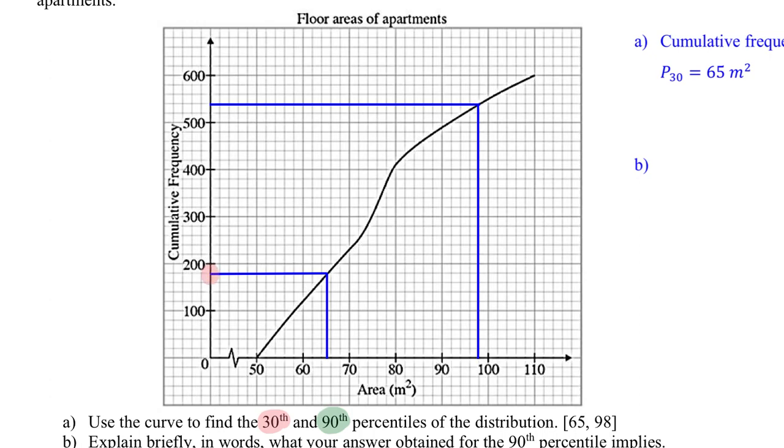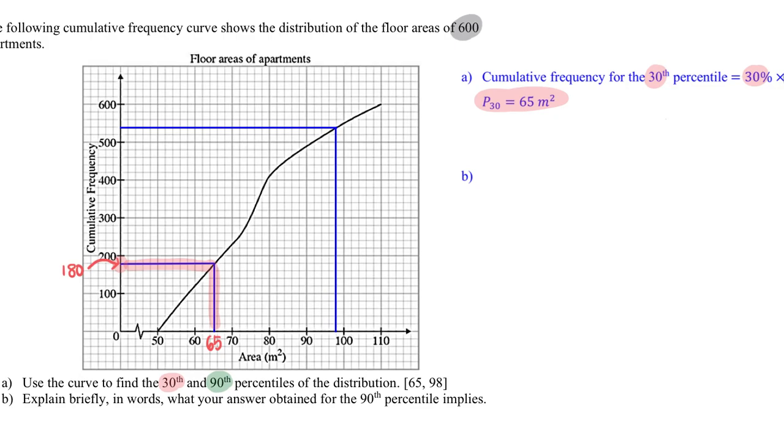This is where 180 is. And from here, I can then find the 30th percentile. What is the floor area? 65 meter square. Alright, so that is for the 30th percentile.